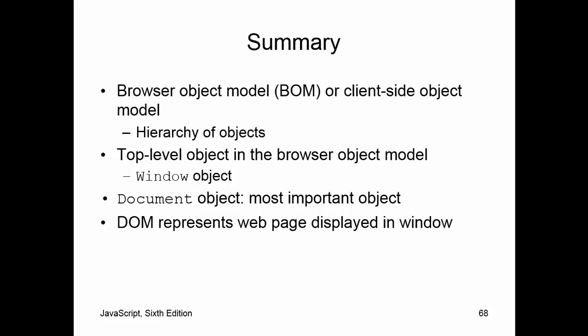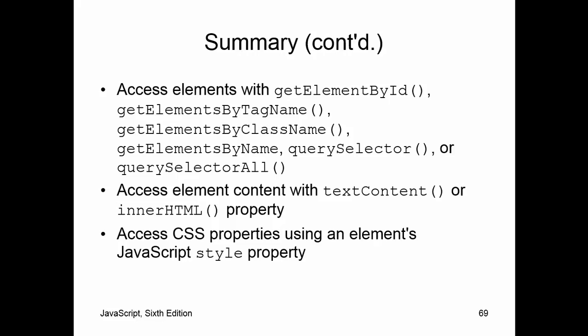You can programmatically add to that document object model, update it, and remove things from it. We looked at some of the get functions, and remember, with get you're typically grabbing something but not changing it. We looked at textContent versus innerHTML.